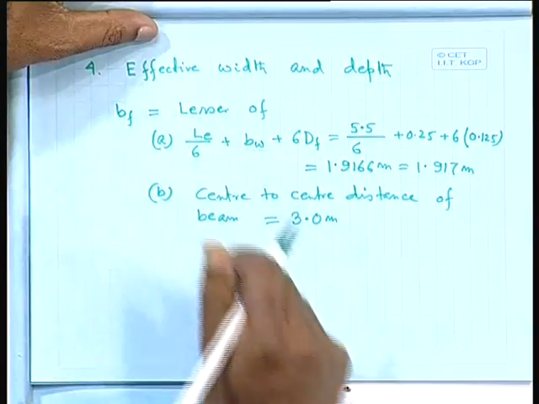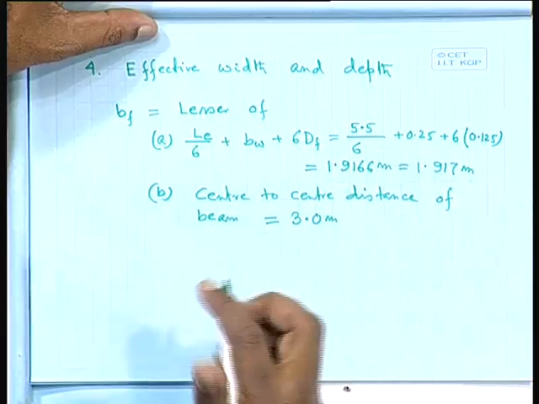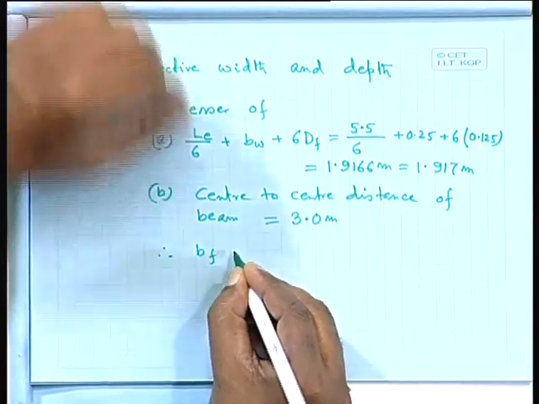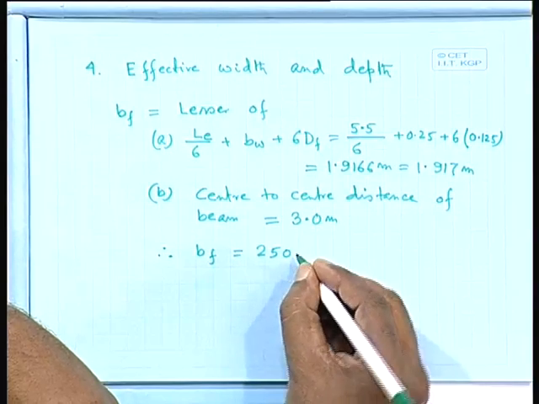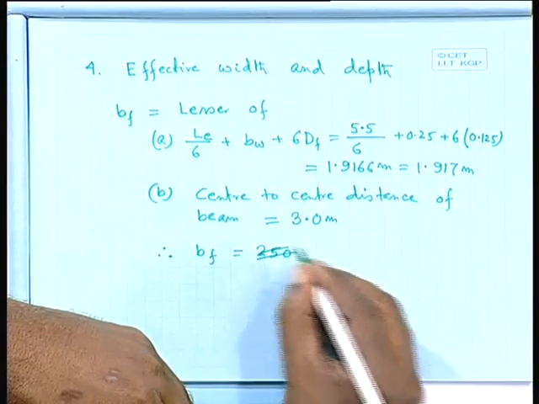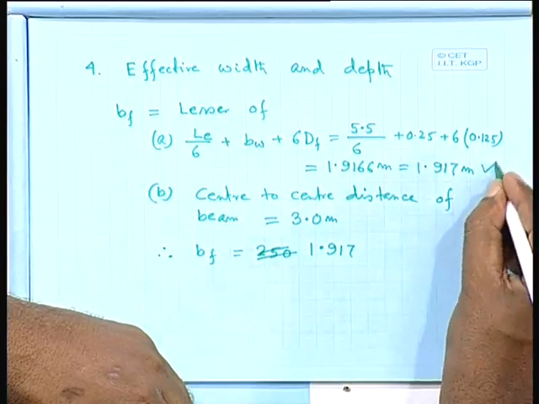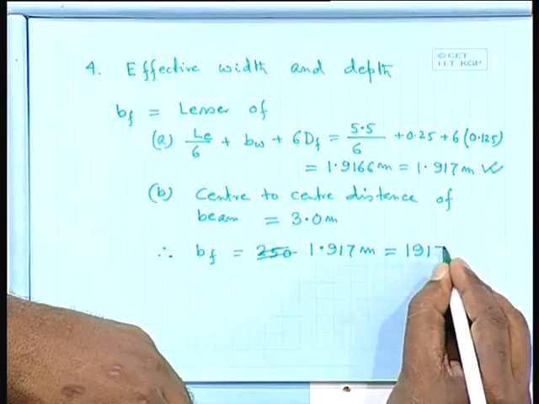We have to take the lesser of these, the minimum one. So, Bf equals 1.917 meter equals 1917 millimeter.